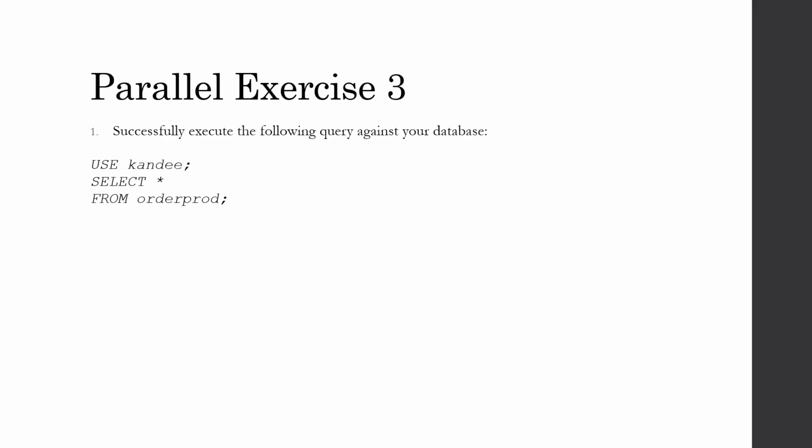This query explores the order prod table. You will notice that we are using the asterisk or wildcard operator, which is a shorthand way to specify all fields. An identical result could be obtained by enumerating each of the fields of the table as a comma-separated list.